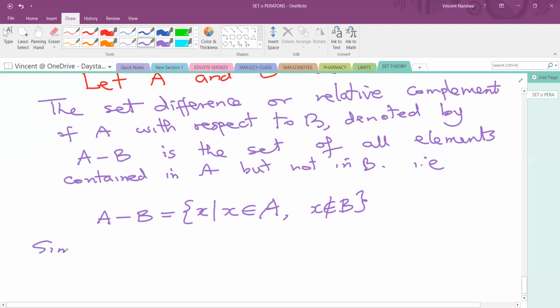So similarly, B minus A would be the set of all elements X such that X is in B, but X is not in A.